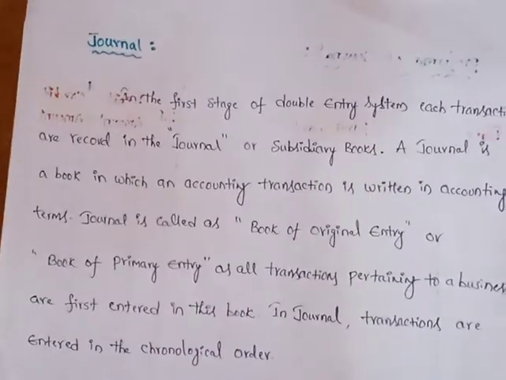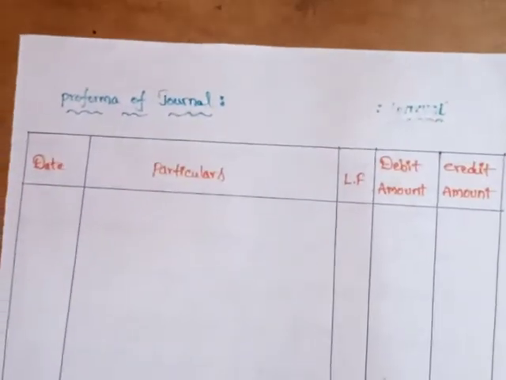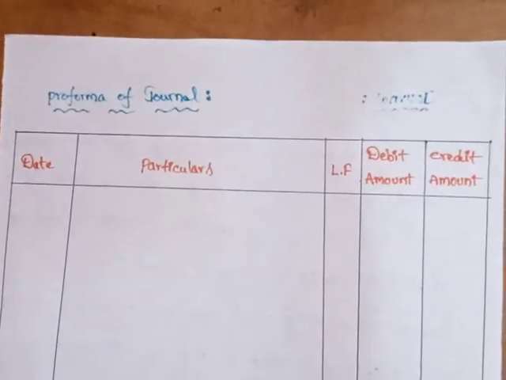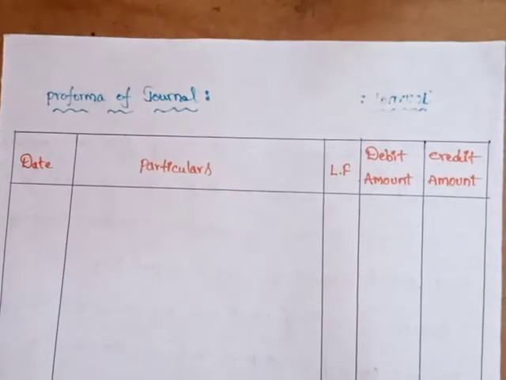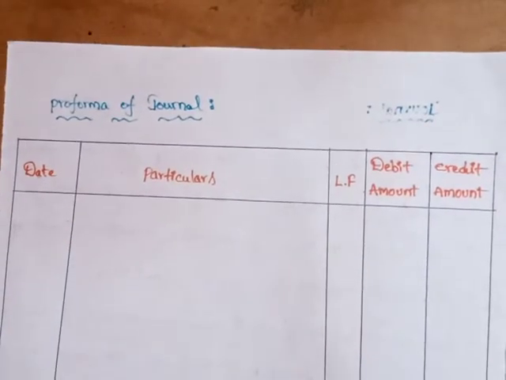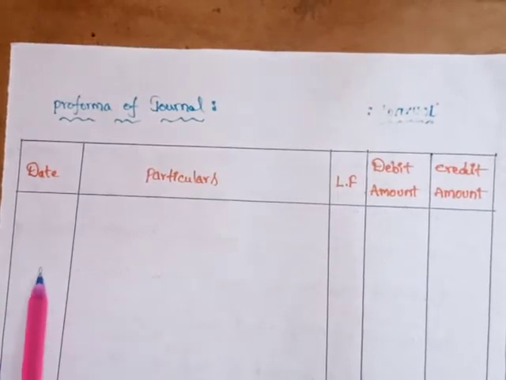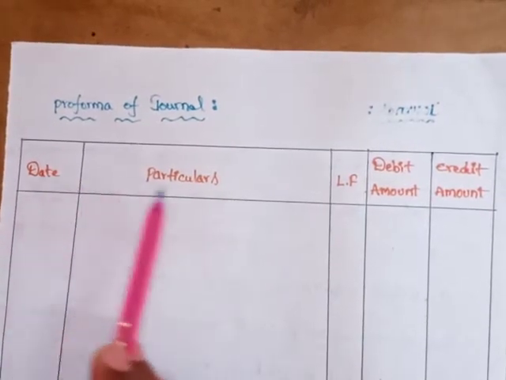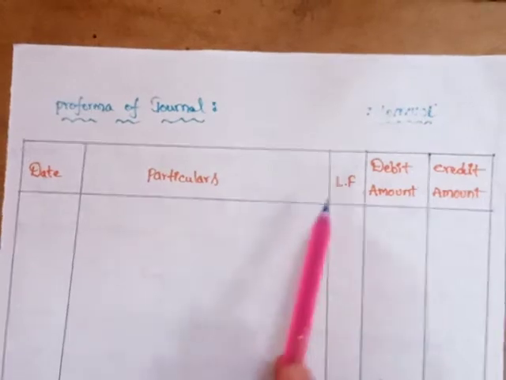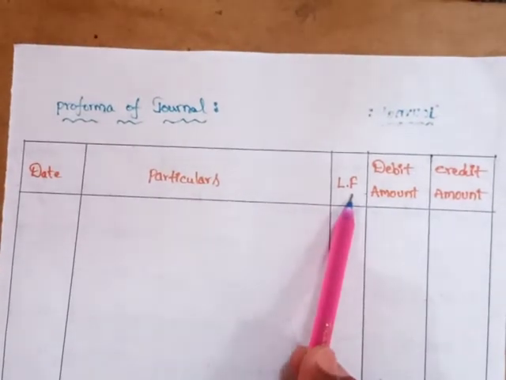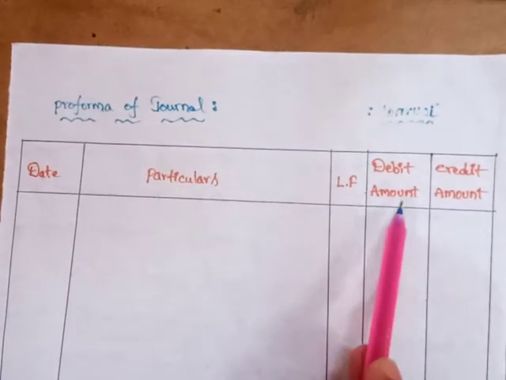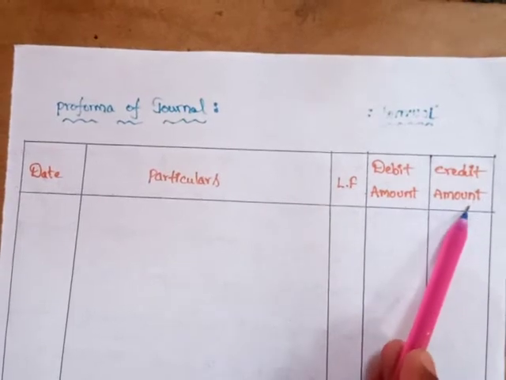This is about the journal. And next, proforma of a journal. So proforma of journal is like this. There are 5 columns: date, particulars, LF number, that means ledger folio number, debit amount, and credit amount.